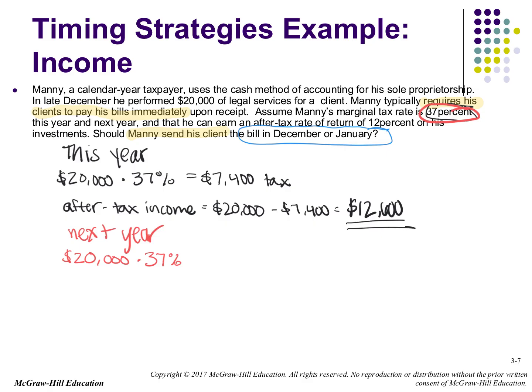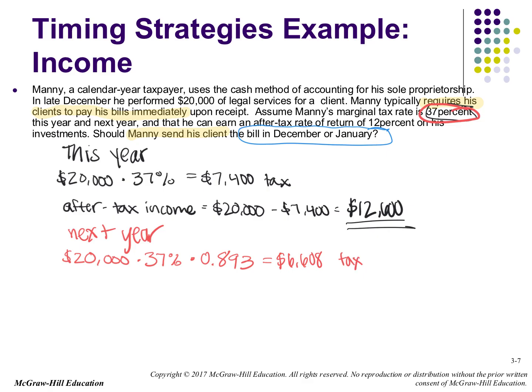And so that present value factor should be 0.893. So if we multiply all of those things together, that will get us $6,608 and technically 20 cents, but to keep the math simple, I'll round it to the nearest whole dollar. So $6,608 in tax.